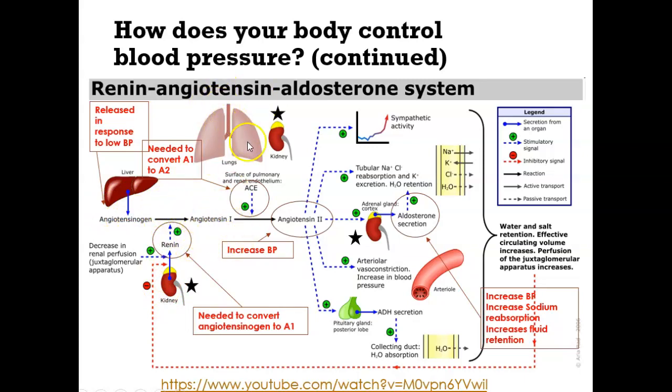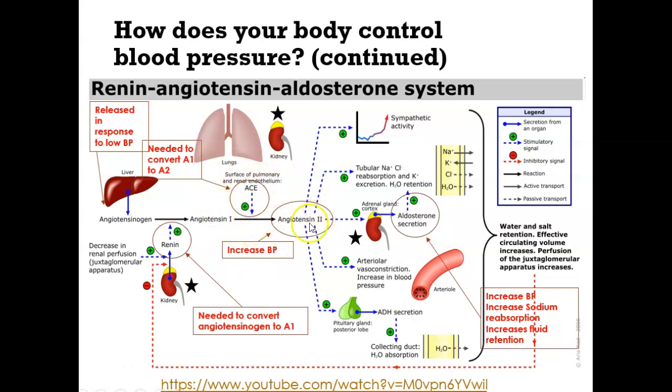Then in the lungs, we get this enzyme, I can't remember what the C stands for, but they call it ACE. It comes together with angiotensin-1 and creates angiotensin-2, which increases blood pressure in a number of different ways. So this is circled to help you realize this is where the ACE inhibitor comes into play. If somebody's taking an ACE inhibitor, they're stopping this process right here.